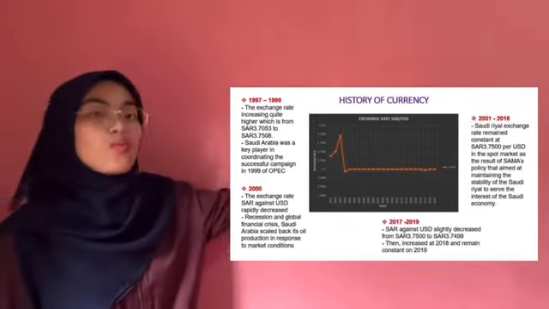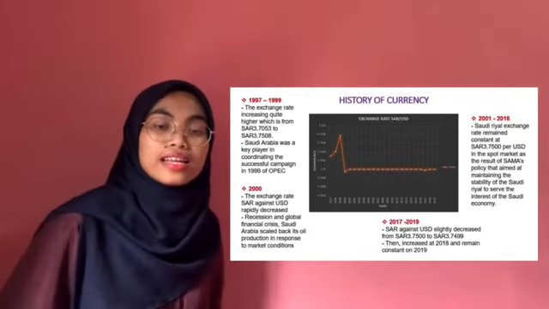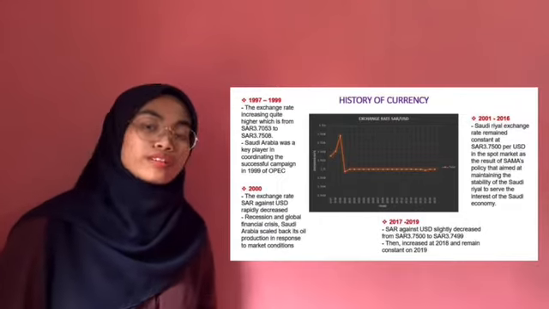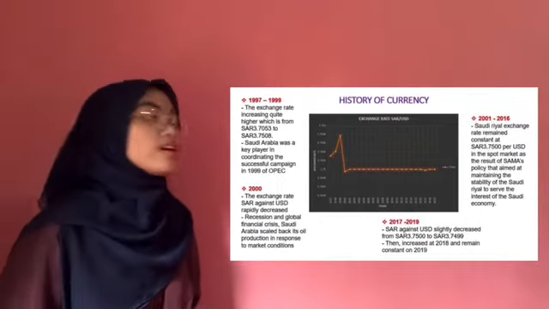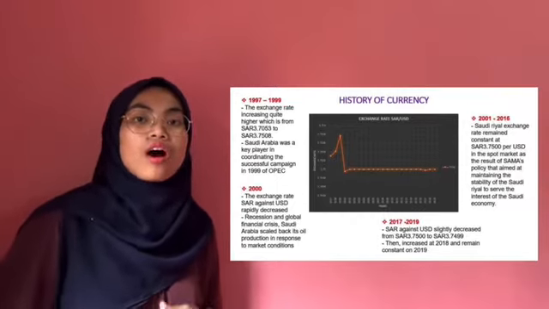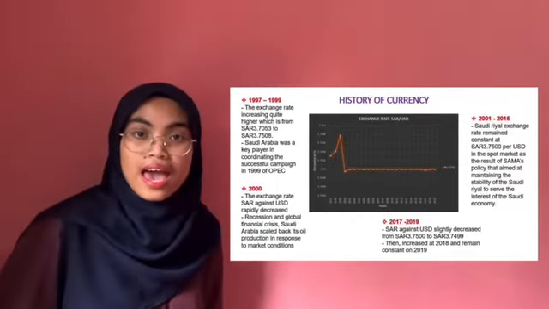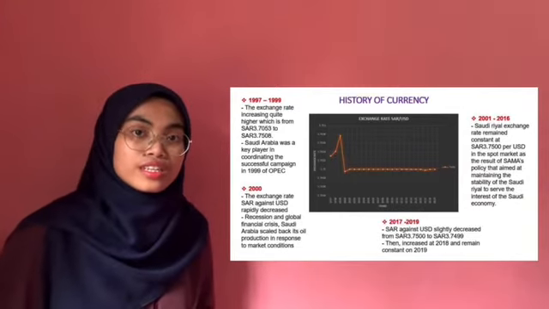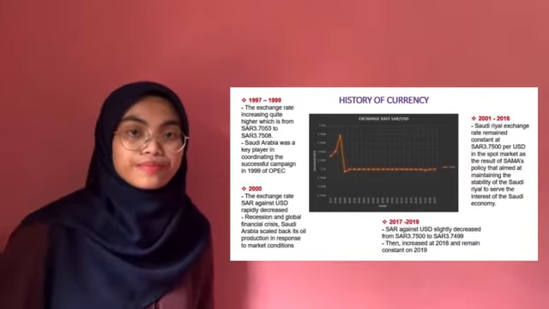From 2001 until 2016, the Saudi Riyal exchange rate remained constant at 3.7500 per USD in the spot market as the result of SAMA's policy that aimed at maintaining the stability of the Saudi Riyal to serve the interests of the Saudi economy.